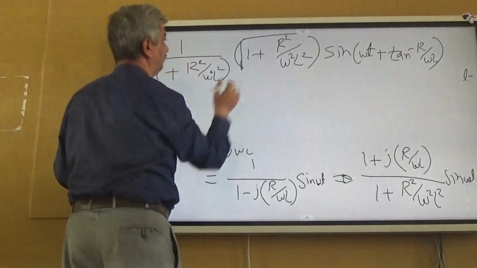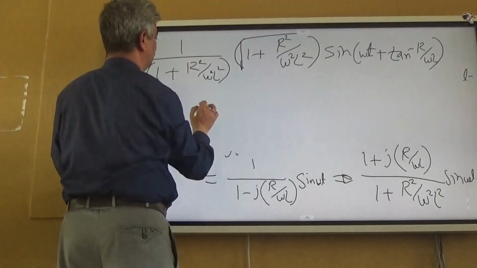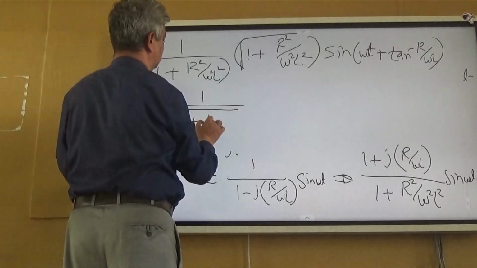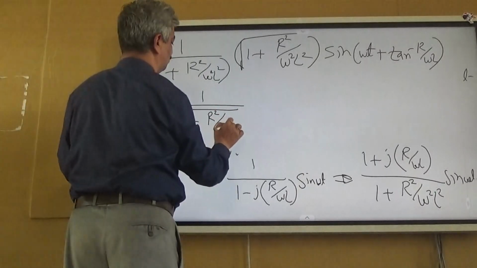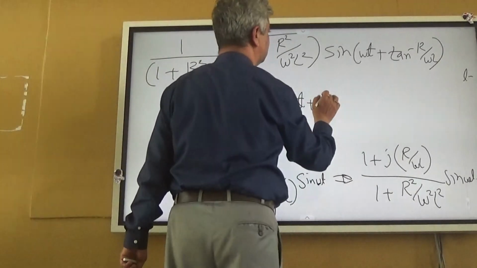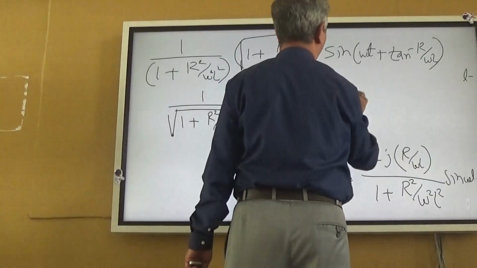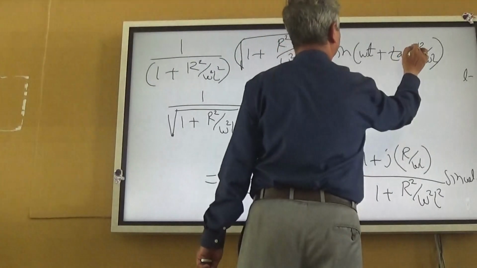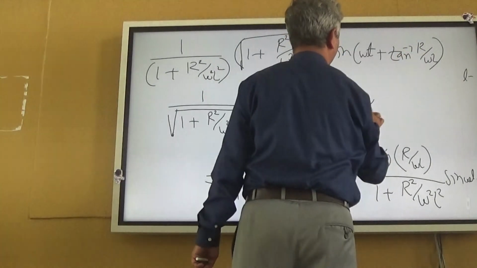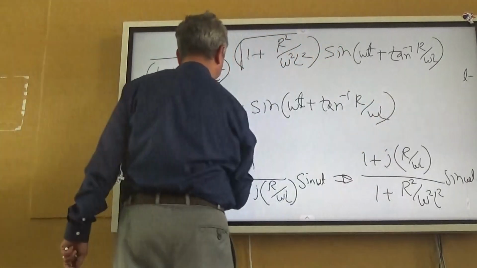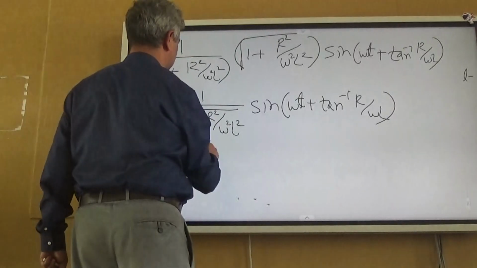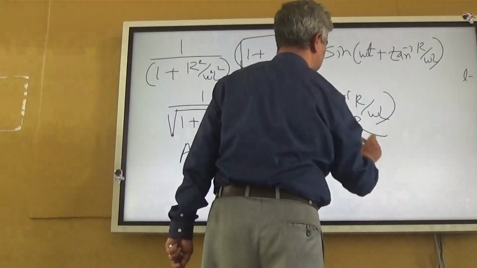So when we cancel this root and this one, it is same as previous: 1 upon 1 plus R square upon omega square L square, sine of omega t plus tan inverse of R upon omega L. What is A omega? A omega is this and phi omega is this.